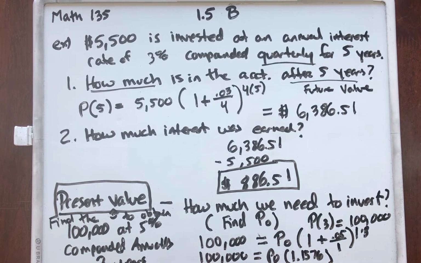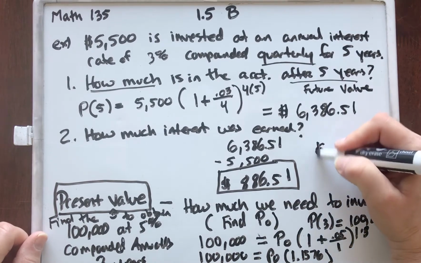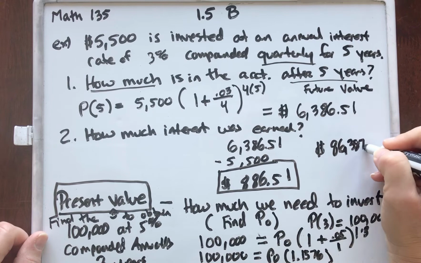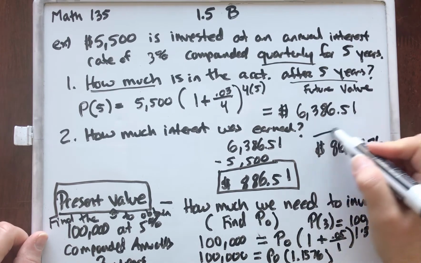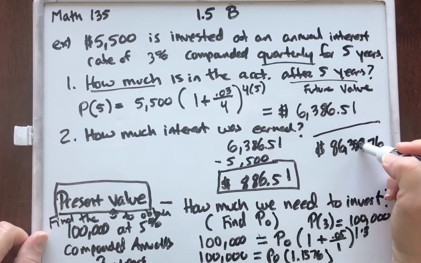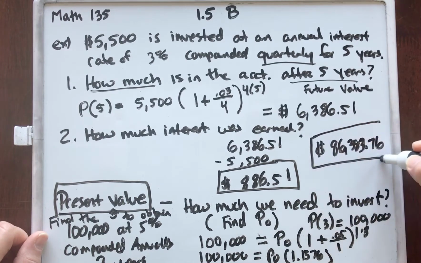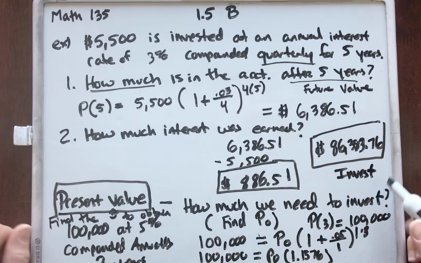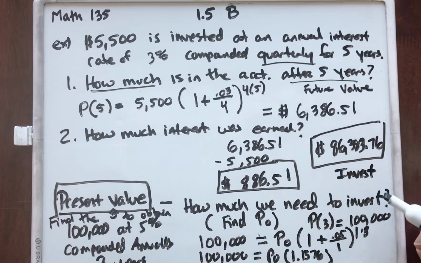We divide both sides by 1.1576, and our answer is going to be $86,383.76. 3, not 7. Okay. So this is how much we would have to invest so that we would have 100,000 in 3 years.